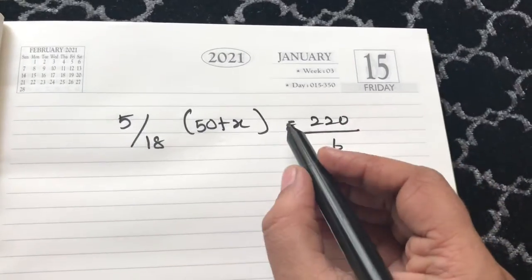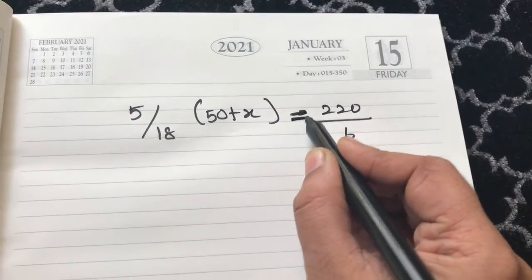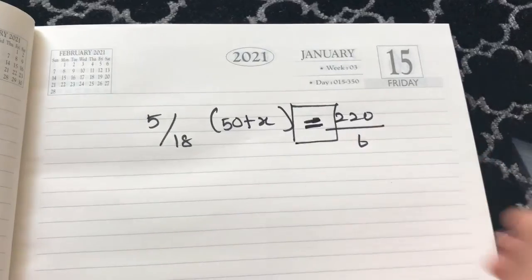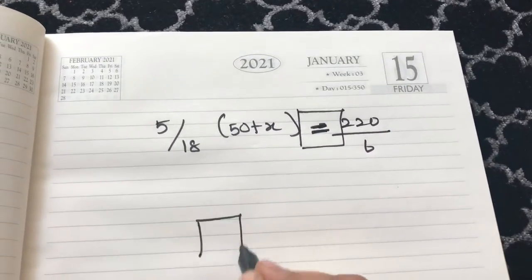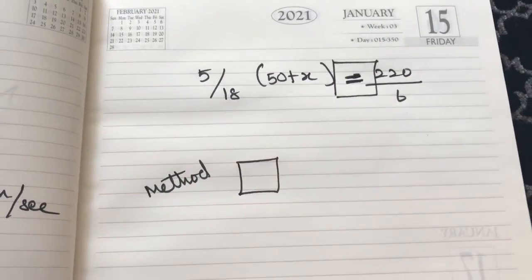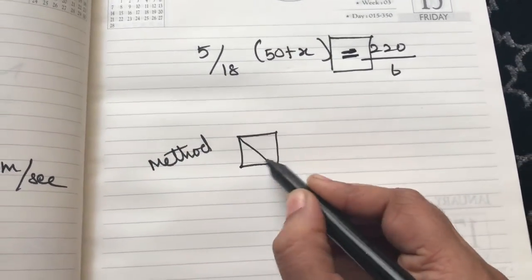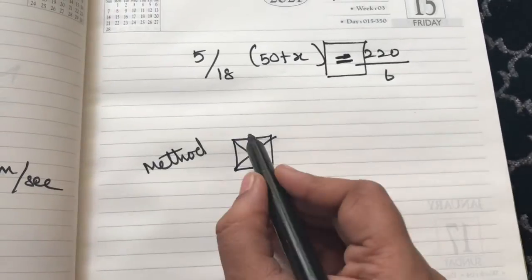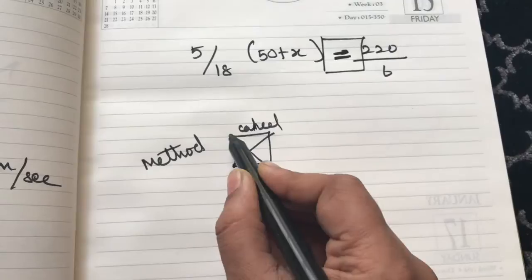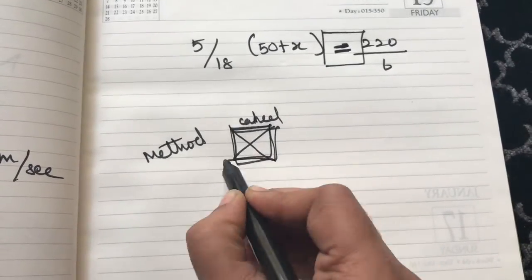So if the equal to symbol is here, it means we can use the box method. Box method means cross, we need to multiply, but we can cancel in a box type.